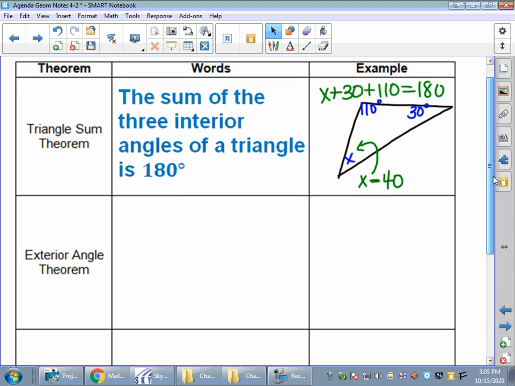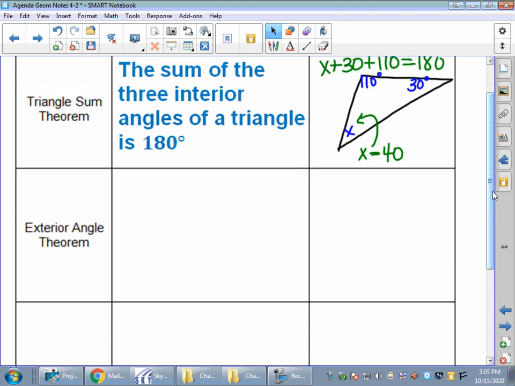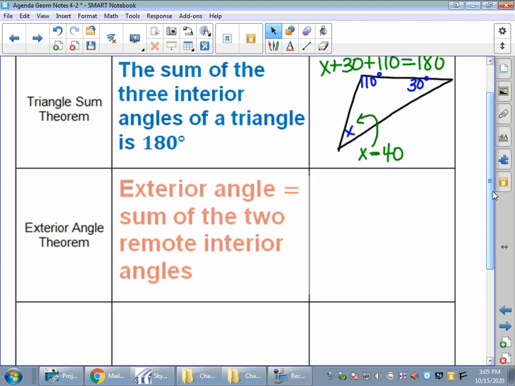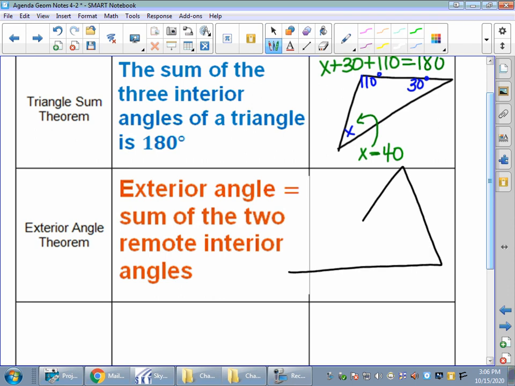The exterior angle theorem is 97% of the time a shortcut. Here's what it says. The exterior angle is equal to the sum of the two remote interiors. So if I draw myself a triangle with an exterior angle, remember the exterior angle has to be the one that is an extension of one side of the triangle and it's outside.